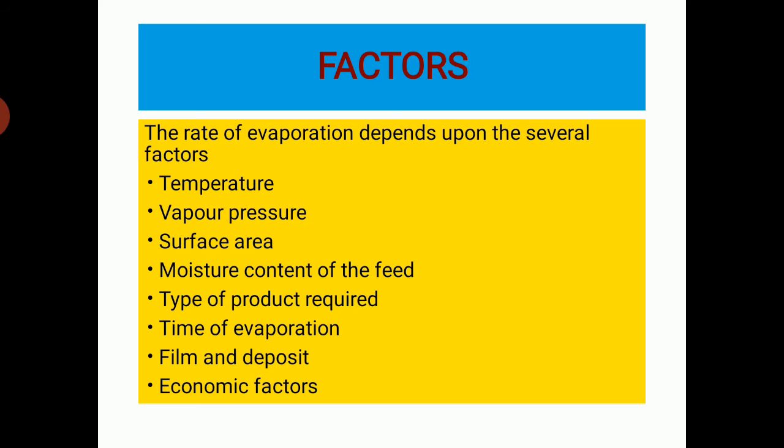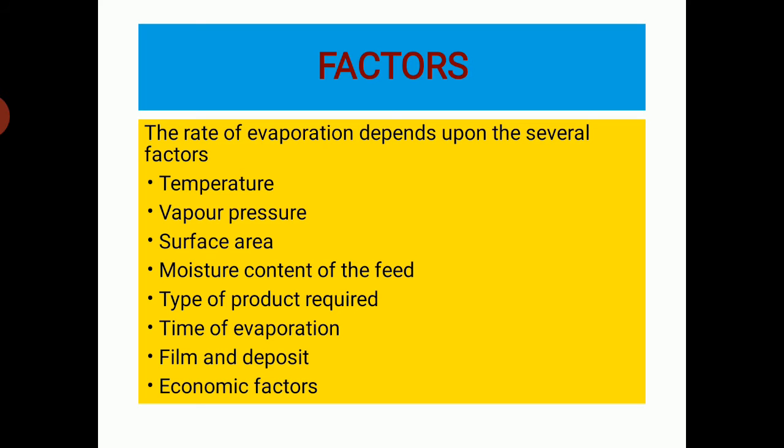Fast moving molecules escape from the surface of the liquid into vapor, while slow moving ones remain behind. When the temperature of the liquid is raised, more molecules acquire sufficient kinetic energy and escape from the surface to the vapor state. This is the situation below the boiling point of the liquid.